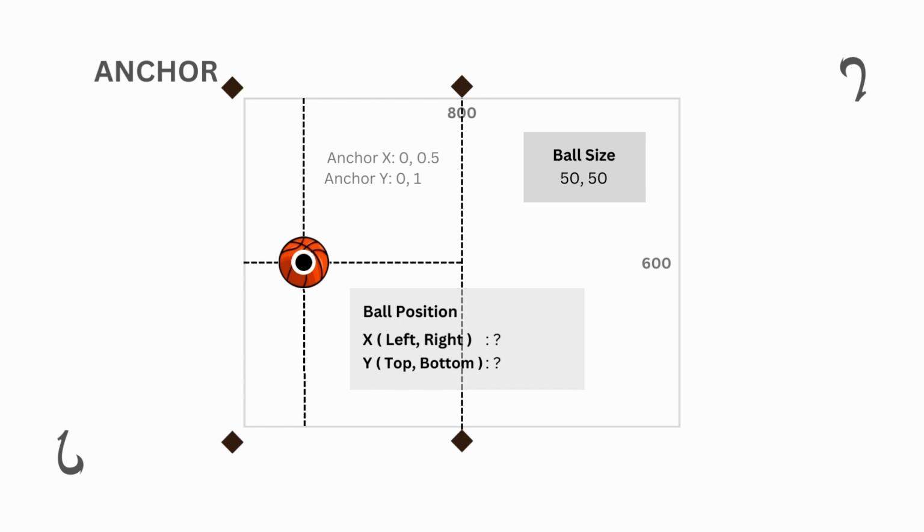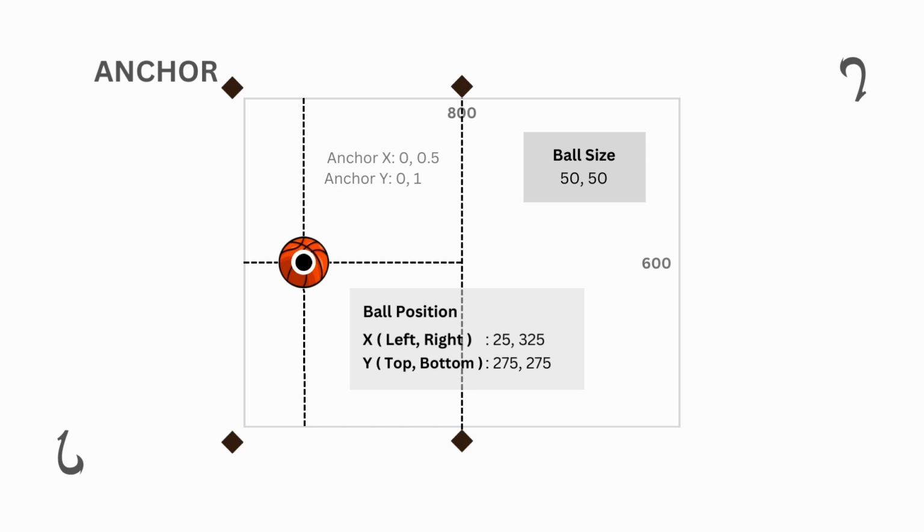Okay, so this is the calculation. It will become 25 and 325. You got it right. It's quite clear, I think, but okay, I'll still describe it for you. Because we put it on 0.5, it basically takes the anchor to half of the screen, so 400 in width.